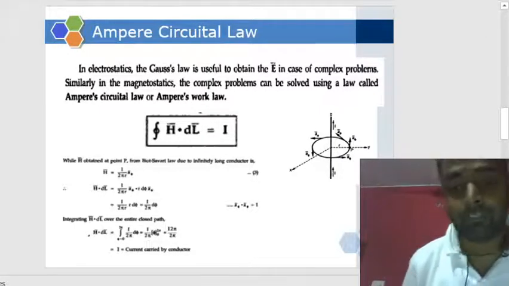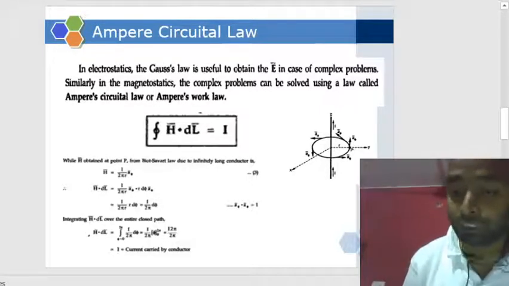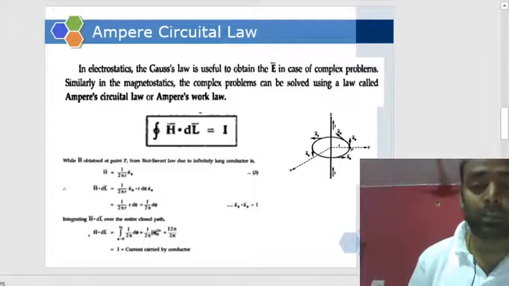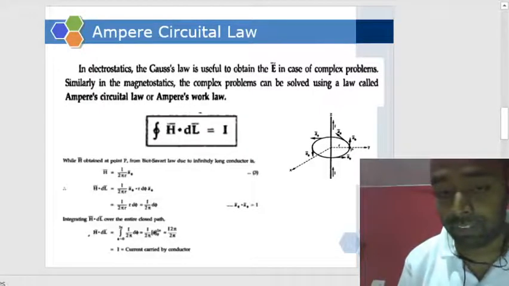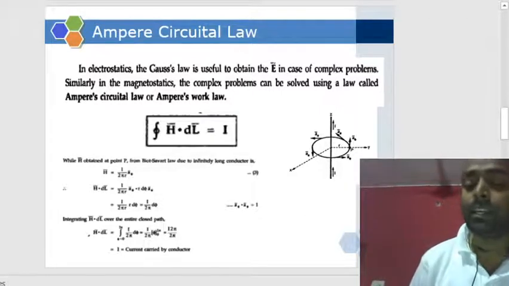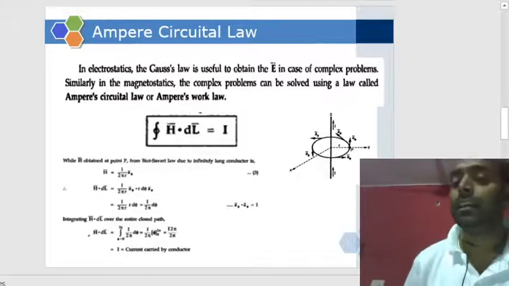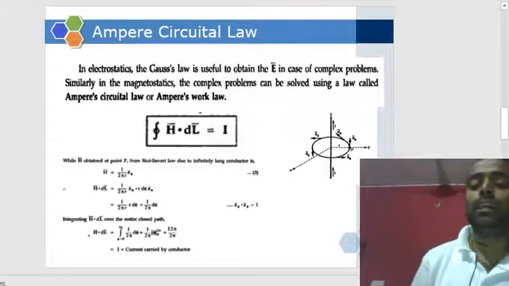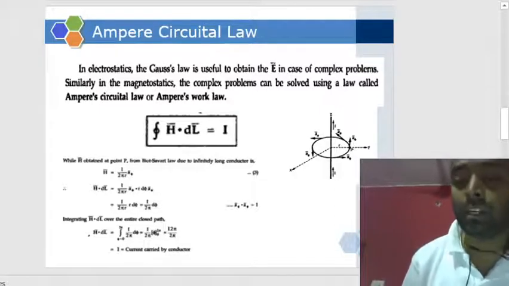Suppose we take the proof of this ACL. We'll take an infinite current carrying conductor. What is the H of this? We have just determined it. What was it? I upon 2 pi r in the direction of a phi. Take dl. dl we can take in any coordinate system, but here the cylindrical coordinate system would be better.